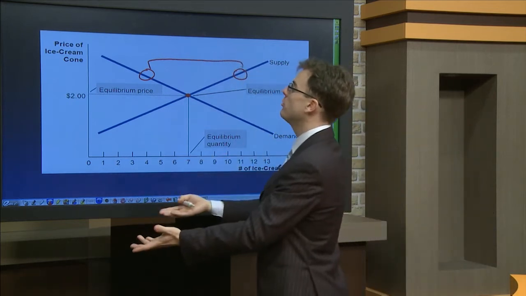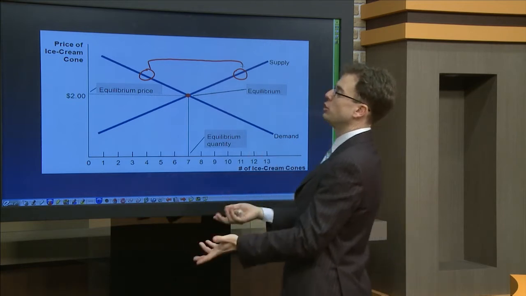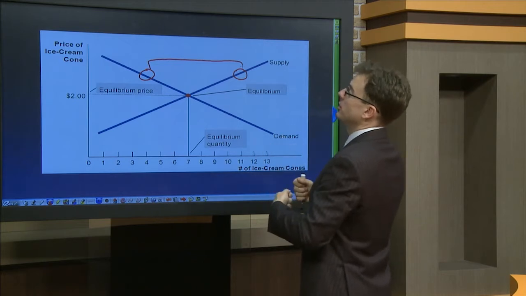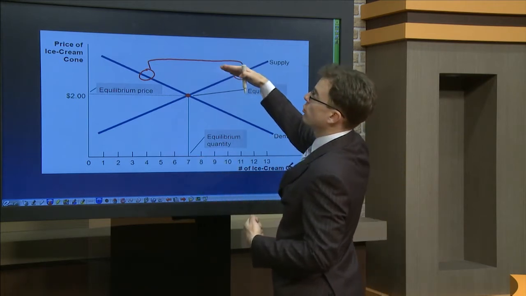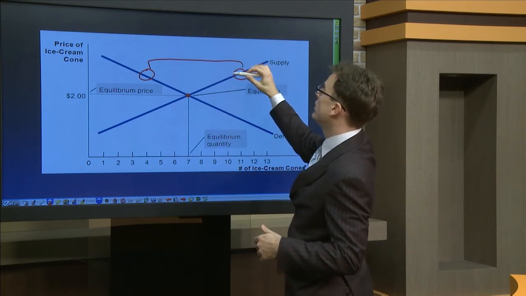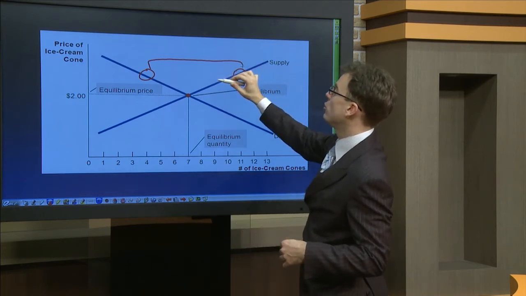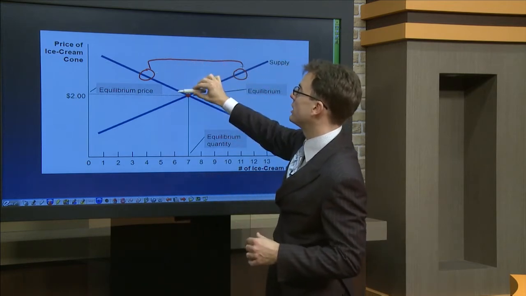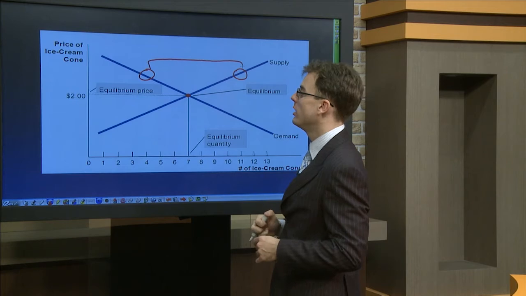There would be too many products in the market that consumers don't want to buy. This would create pressures on producers to lower their price. Producers would be willing to cut their price a little bit to sell these unsold units, and eventually price would fall all the way to the equilibrium level.